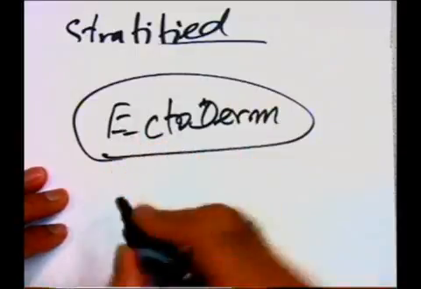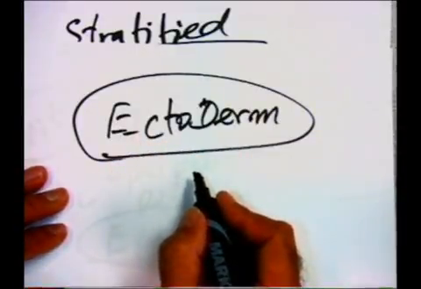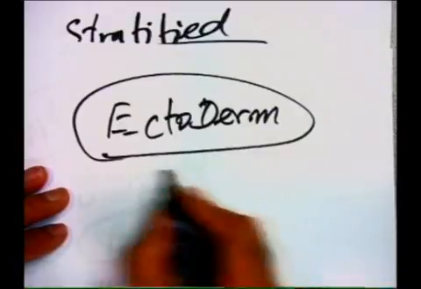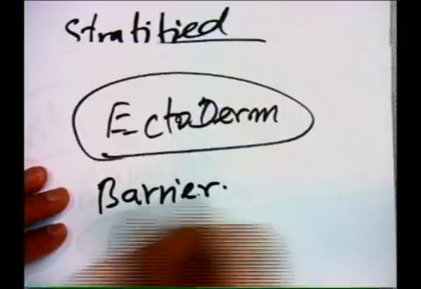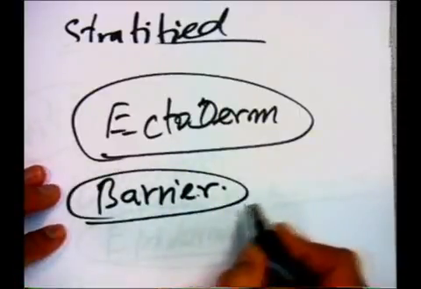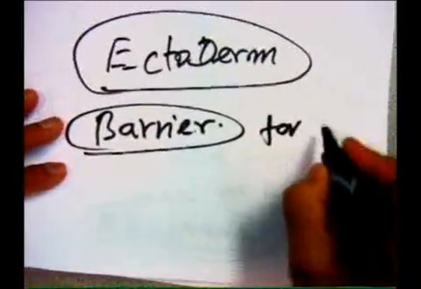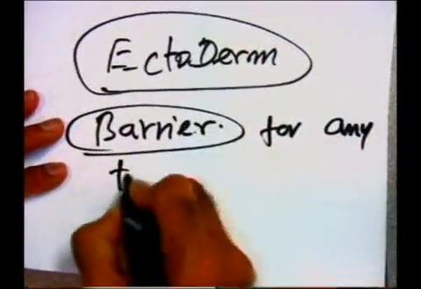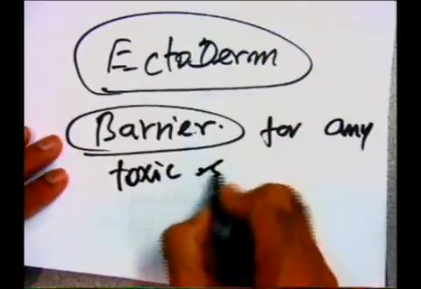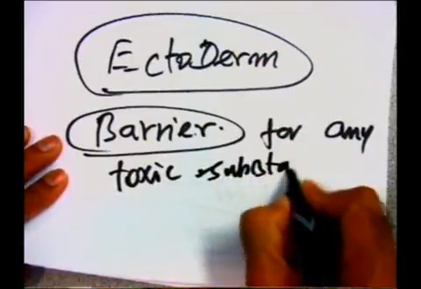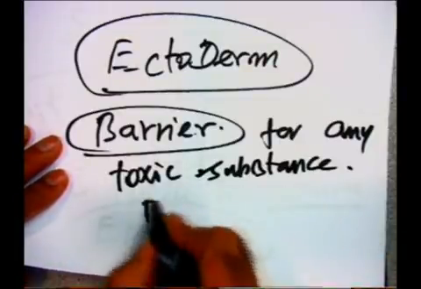Ectoderm is the outer layer, and the comment for this is that it is an effective barrier. It acts like a barrier. If you look at your skin, that will give an idea, like an external barrier for any toxic chemicals or substances. It protects from toxic substances in the environment.